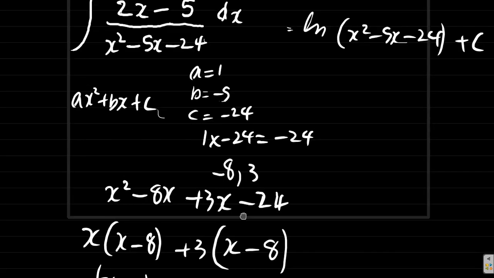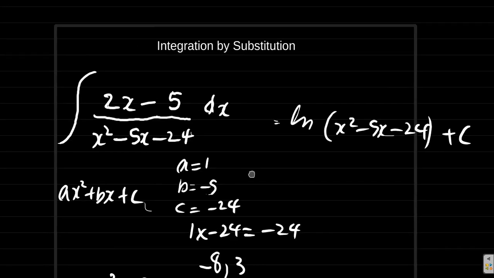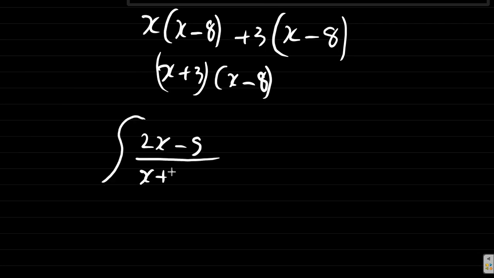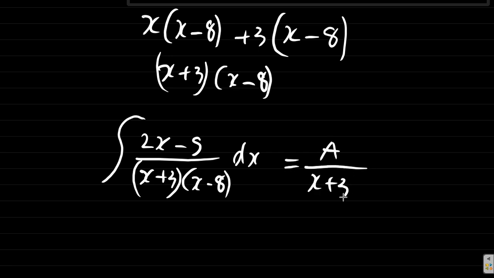Okay, so this can be rewritten as the integral of 2x minus 5 over x plus 3, x minus 8 dx. Now writing it in partial fractions, what you would have is a over x plus 3 plus b over x minus 8.